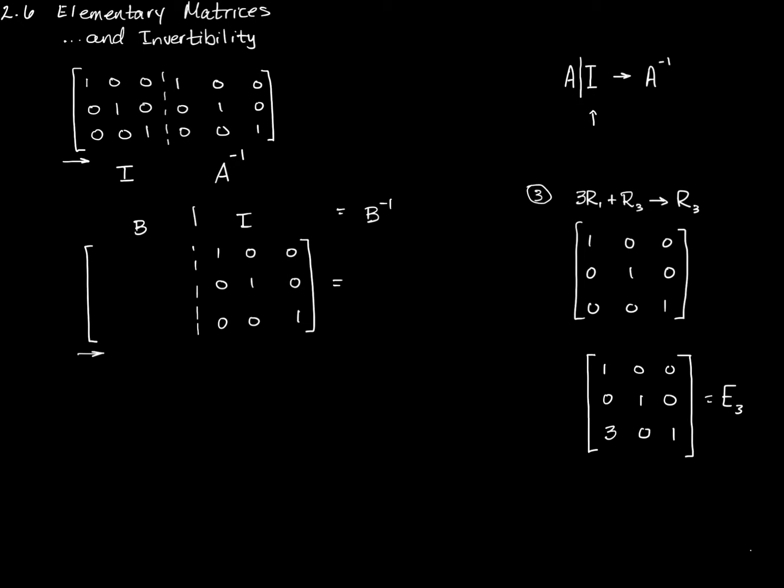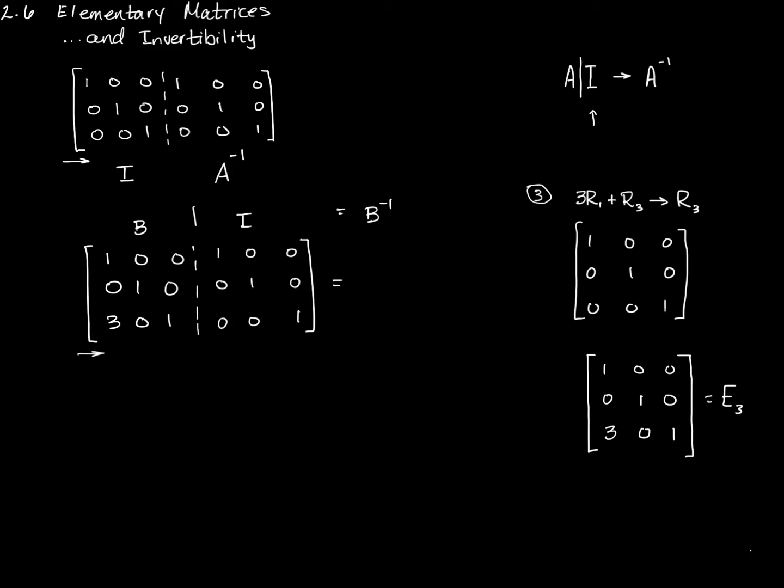So this is an elementary matrix, the result having come about by multiplying 3 times row 1 and adding it to row 3, and then replacing row 3 with the result. So that's going to be my B, the matrix I use here: 3, 0, 1. And what I want to show is that B also has an inverse.